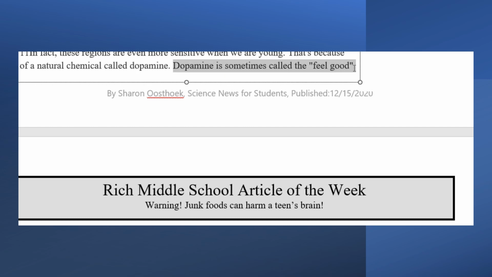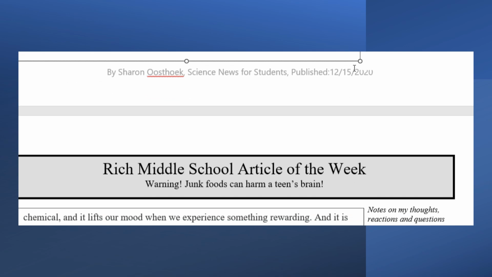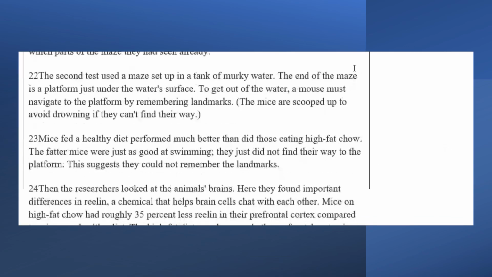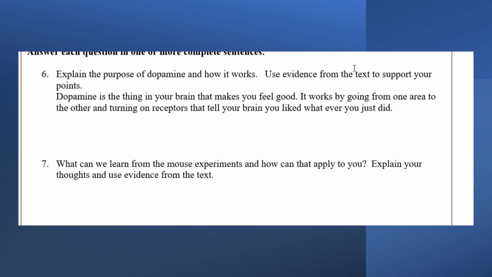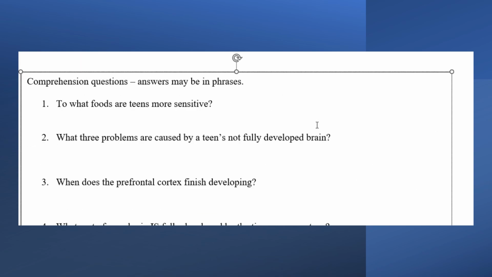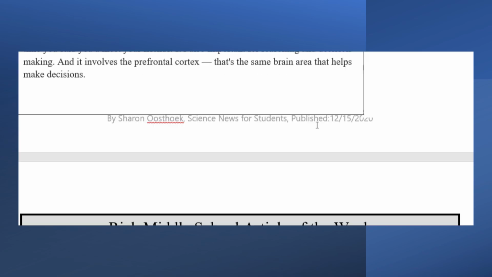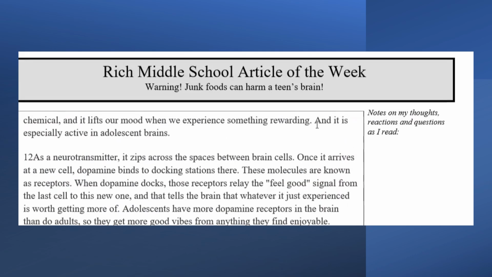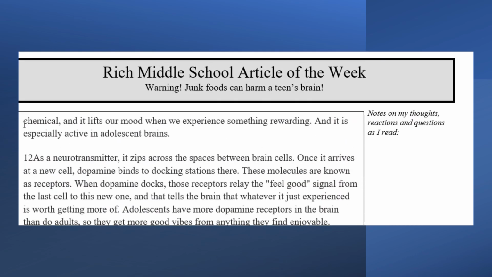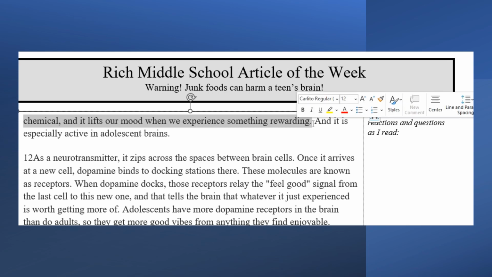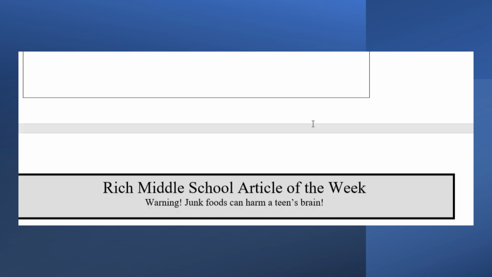So I'm going to go control copy, come down here, boom, boom, boom. Okay, first of all, I'm going to do shift and then put my quotation marks, okay, feel good, okay, but I need that other part too because it is part of it, but I couldn't get it. It was a feel good chemical, gives you the rewards, okay. Control copy, let's go back down.